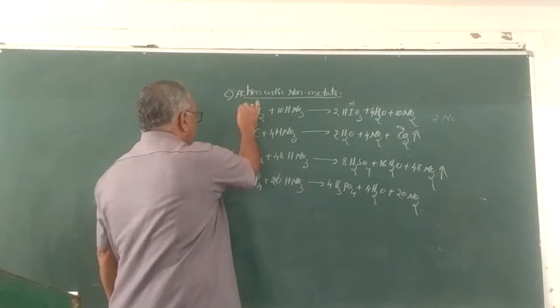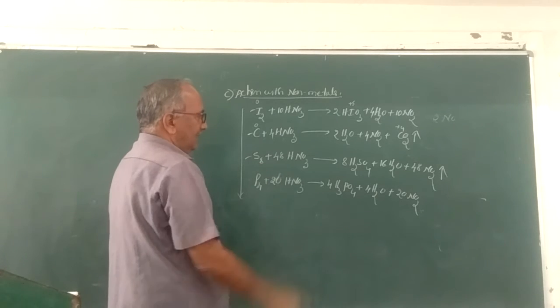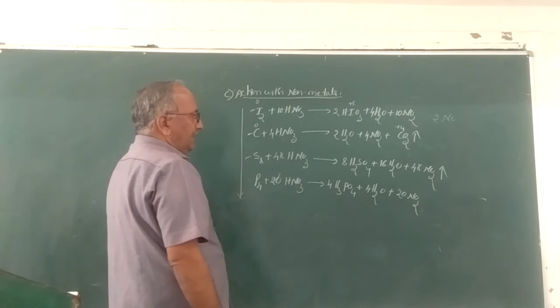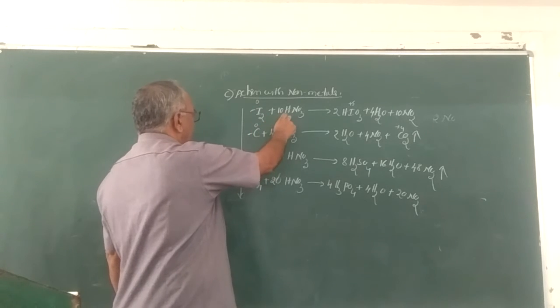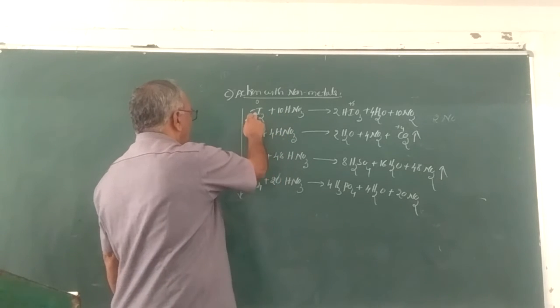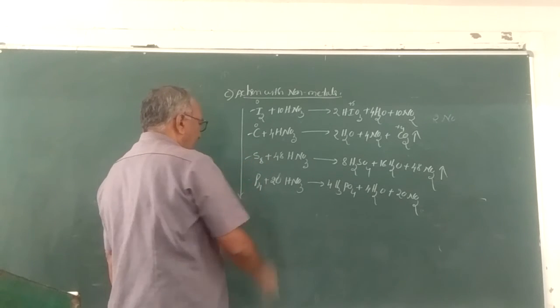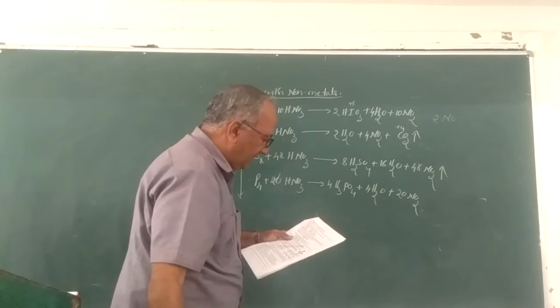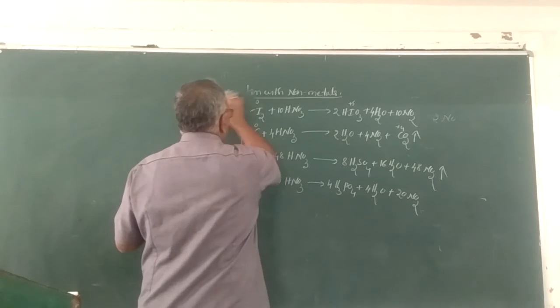See that in all these cases, when you observe iodine, carbon, sulfur and phosphorus, there is a liberation of nitrogen dioxide gas. Nitric acid oxidizes the iodine, the carbon, the sulfur and the phosphorus. So this is about the oxidizing property.